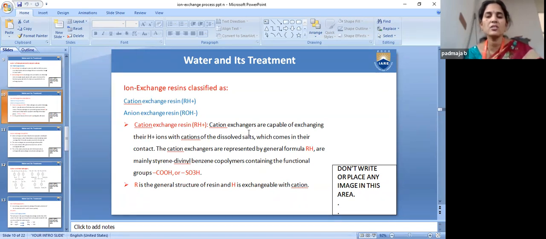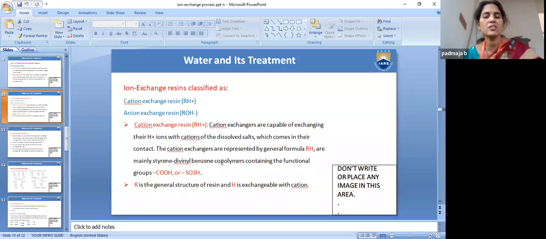For cation exchange resins, what we are taking here, you can see, is styrene divinyl benzene copolymers containing the functional group, either carboxylic group or sulfonate group. So this we will use as a cation exchange resin.